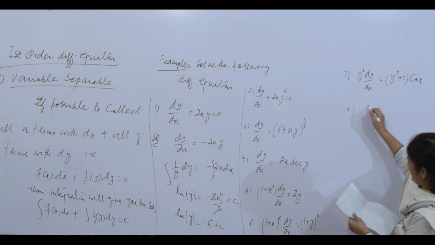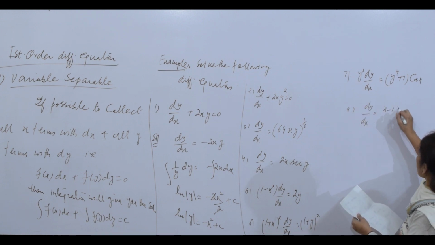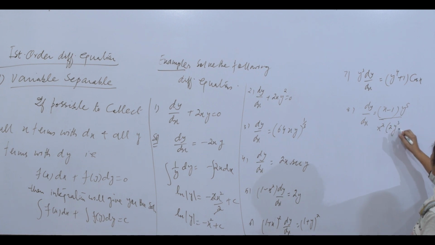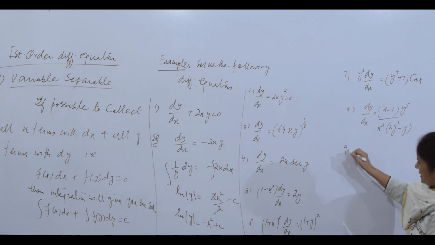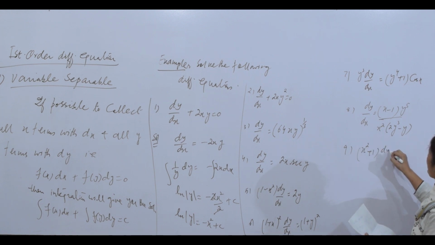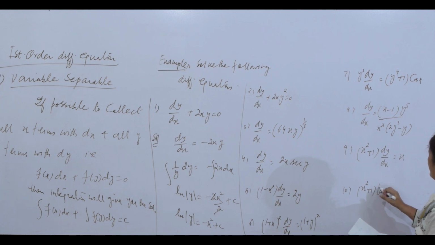Then eighth, dy by dx is equal to x minus 1 y raised to the power 5 over x square, 2y cube minus y. Then ninth is x square plus 1 dy by dx is equal to x. And the tenth is x square plus 1 tan y dy by dx is equal to x.